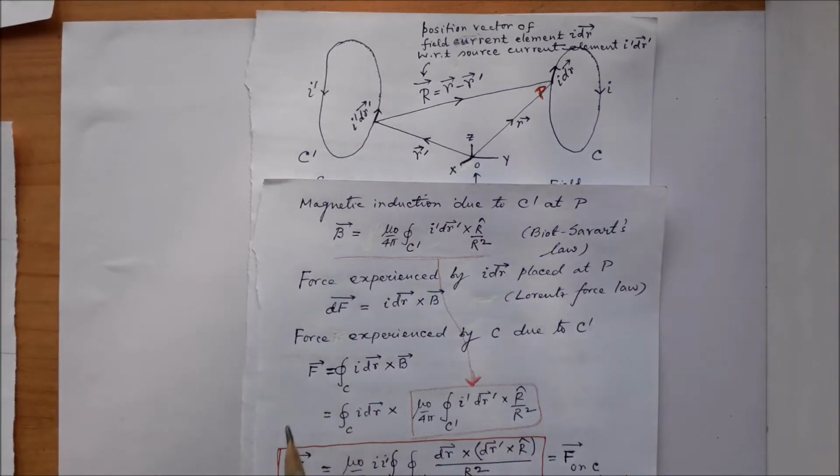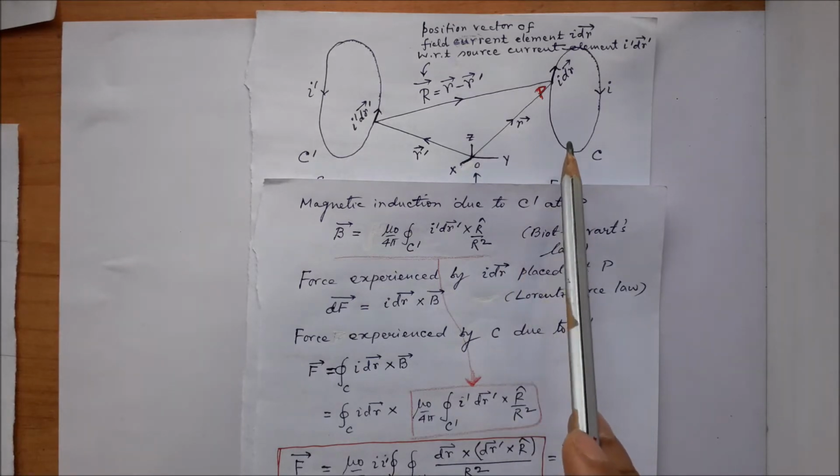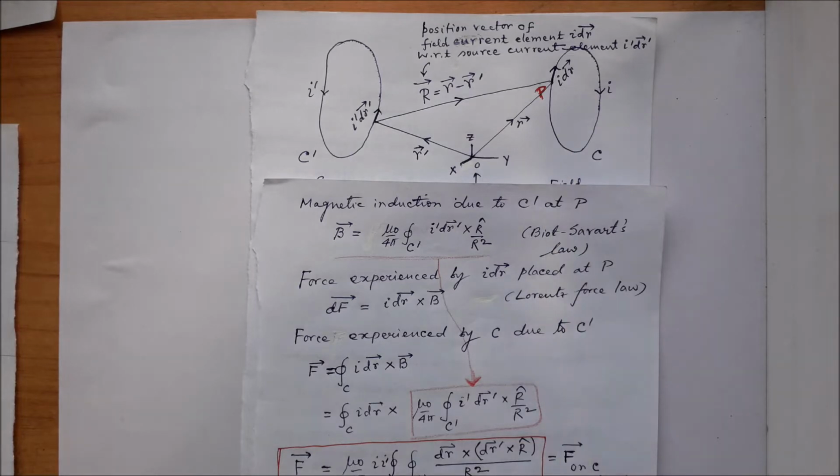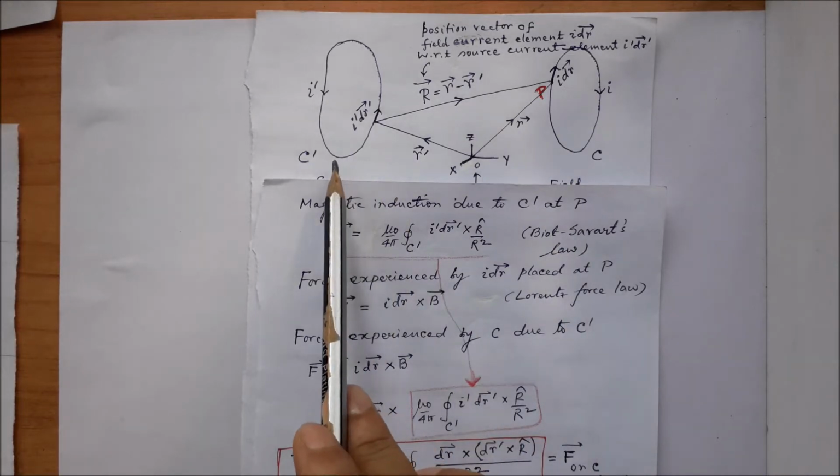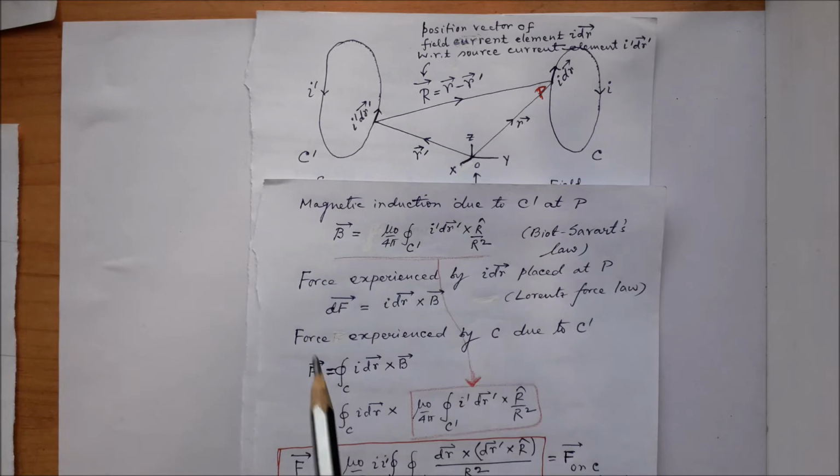So vector F is given by this expression, which is called Ampere's force law, which he gave in 1823. Now this is obviously the force on C, which we call the field circuit, due to C prime, which we are calling the source circuit.